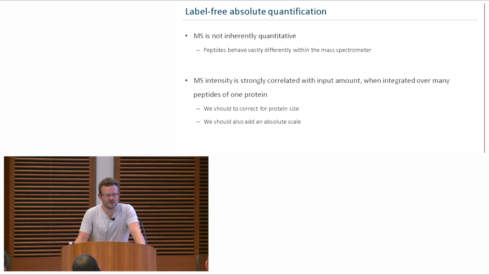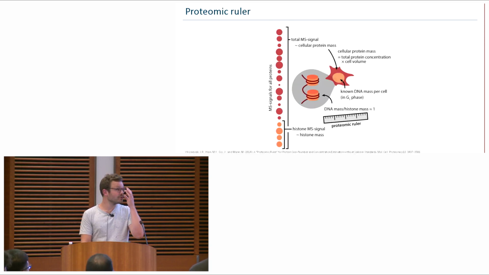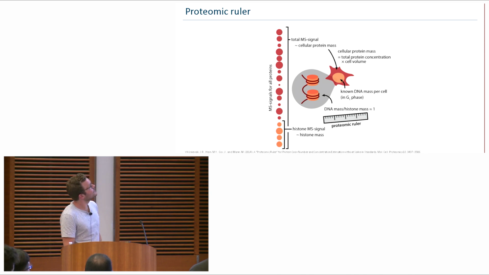And there is also still no unit, right? The mass spec doesn't tell you, okay, we have so much grams or whatever. So an absolute scale is needed, and this can be done using the proteomic ruler. Here on the left, we see the MS signals for all proteins. And on the bottom, there is the histone MS signal.